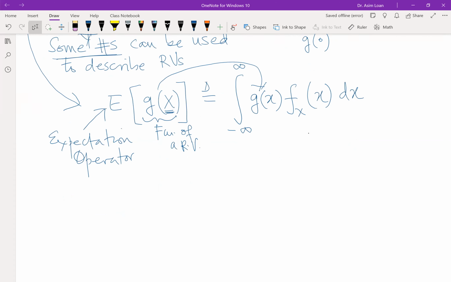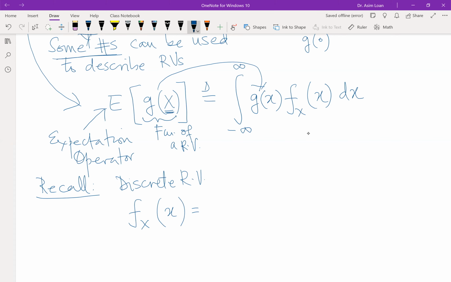And now let me tell you, okay, suppose recall करें. So recall for a discrete random variable, your probability mass function is like this. So if you know the Dirac delta notation, this is simply the sum over i of probability X equals some xi. So this is a probability mass at X is equal to xi.